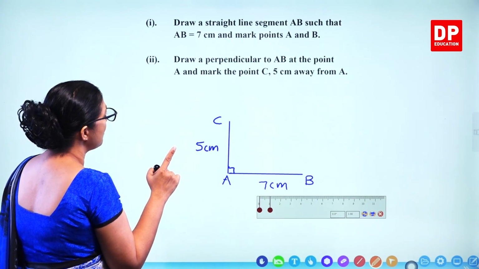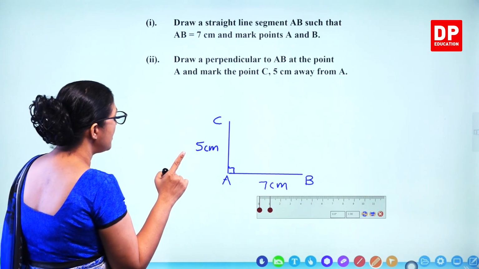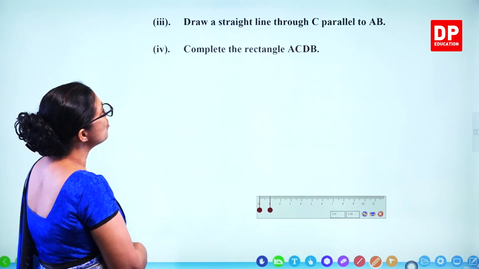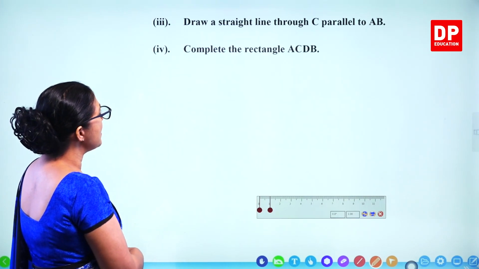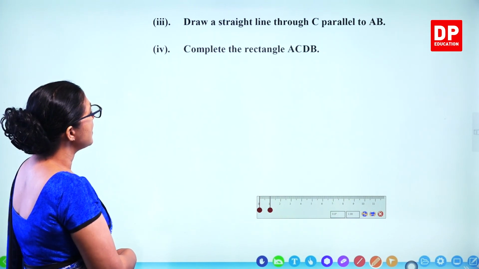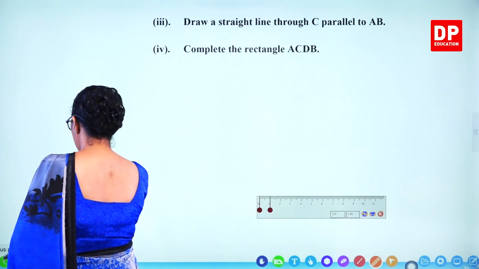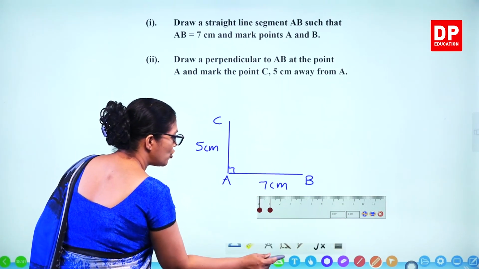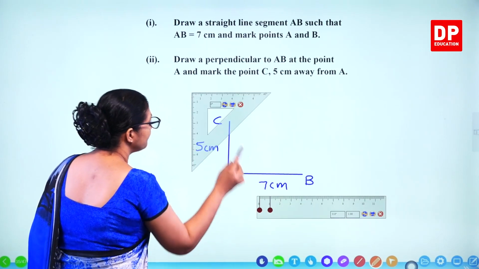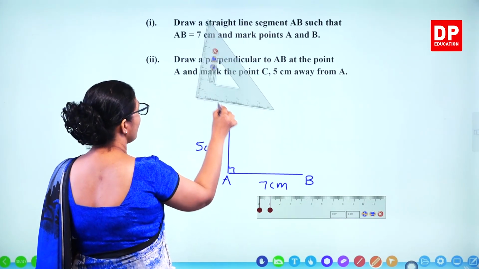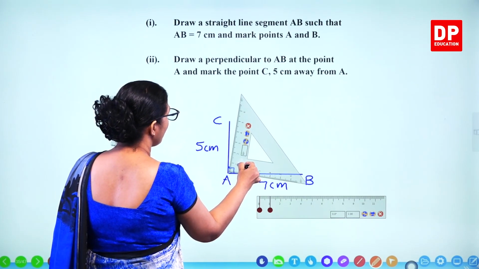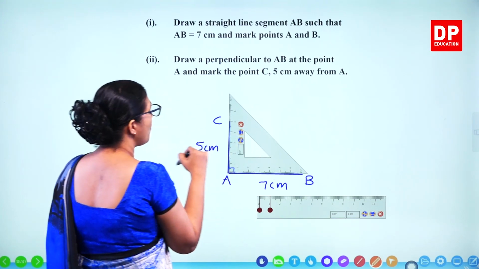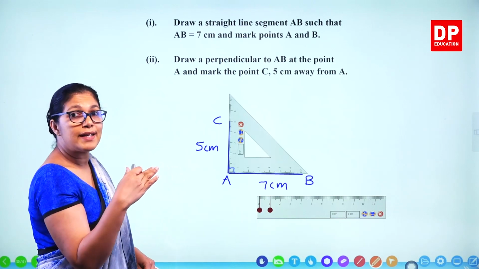That's the second part. And then the third part. Draw a straight line through C parallel to AB. Complete the rectangle ACDB. So we'll do that here. You have to draw the parallel line to AB. So you take the set square. First you keep it on top of this one, and then how do you draw the parallel line?